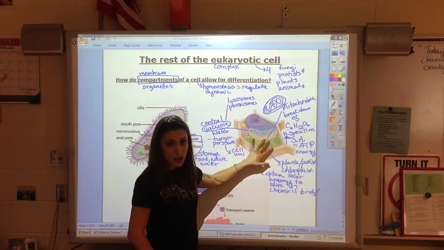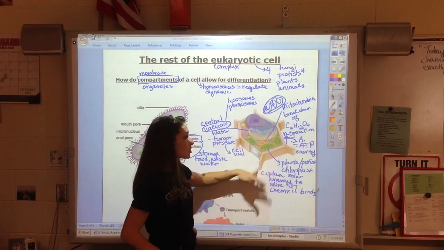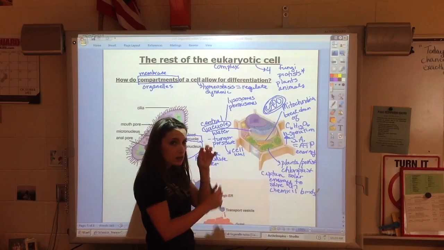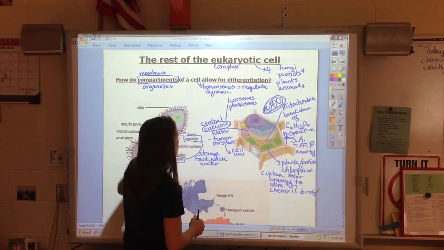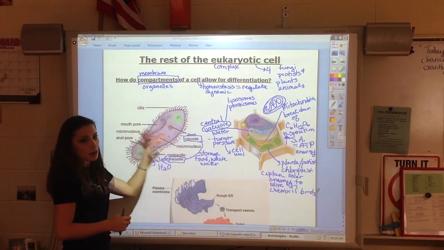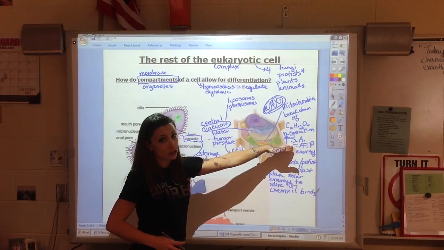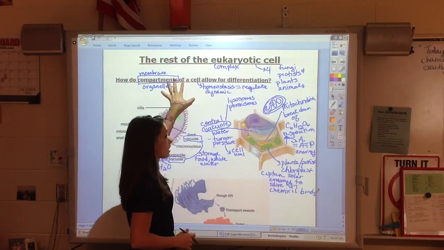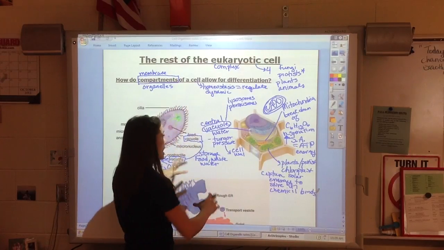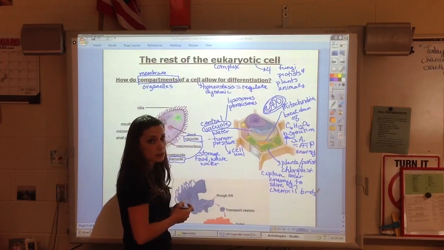There's a lot that's going to go on in these reactions, and so we need a lot of surface area and a lot of different compartments. So the main idea is that eukaryotic cells use membranes to have an increased surface area and to create these compartments. And now my cell can do different things.